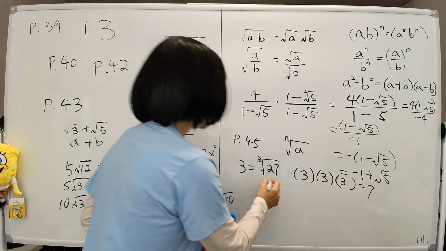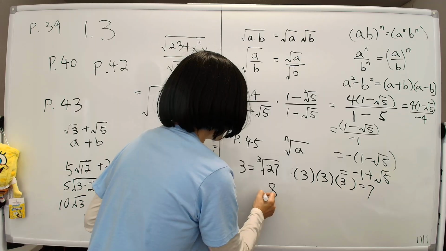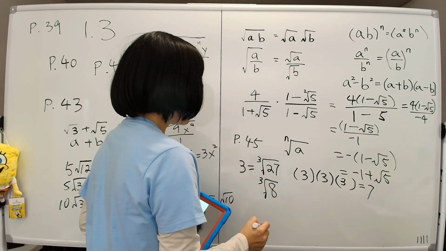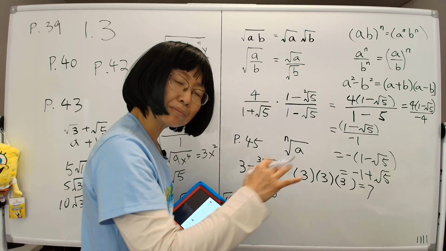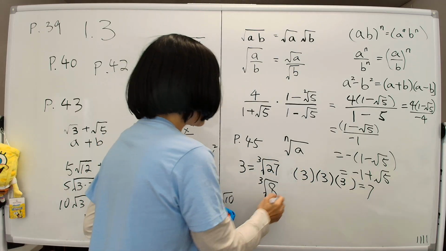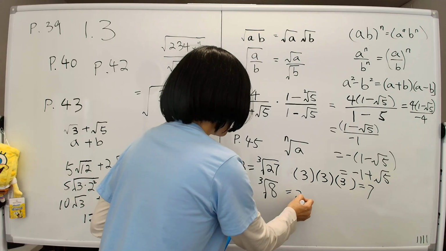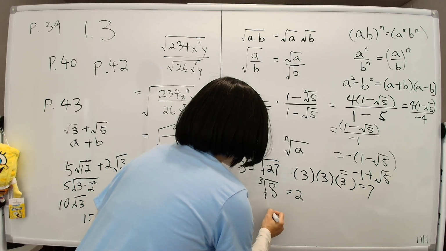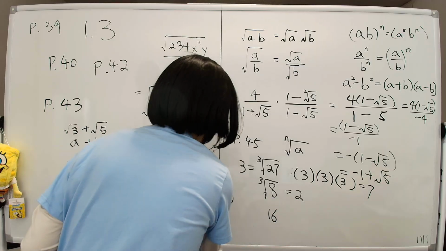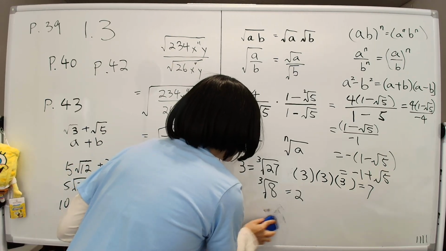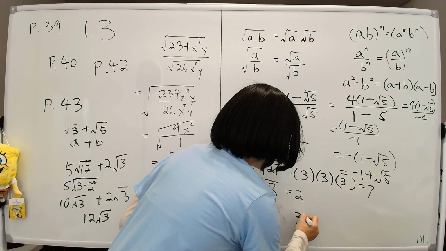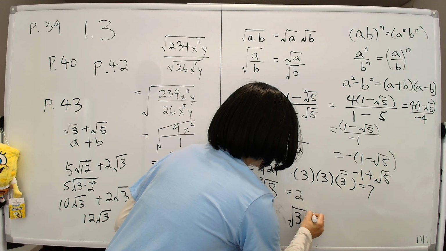Now let's consider a different case. Let's consider the cubic root of 8. 3 numbers which multiply by themselves together, all 3 of them will become 8. That would be 2. And then let's think about something else. Let's consider the number 32, and then we take the 5th root of it.